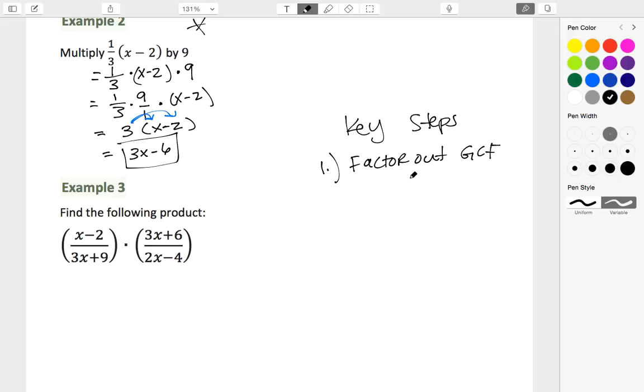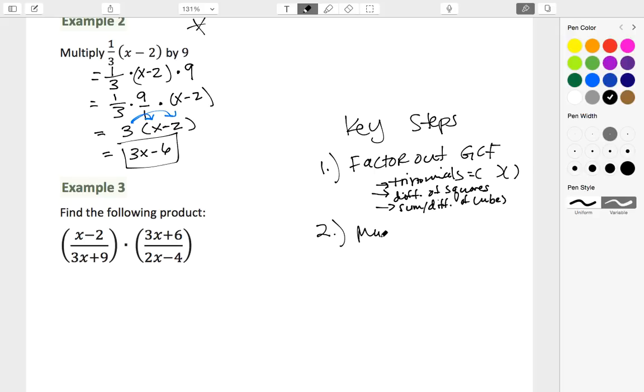So factoring out the GCF is your go-to, but you may have to factor trinomials into 2 binomials. Step 2 is for you to multiply straight across. And step 3 is to simplify. Make sure you write these somewhere in your key points.